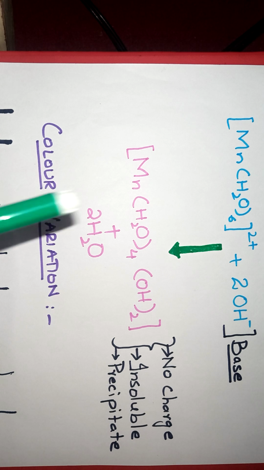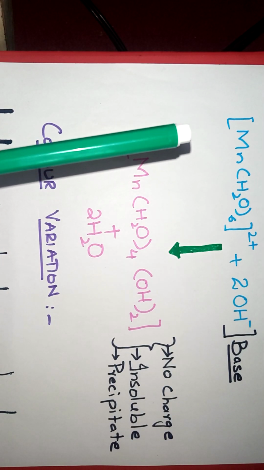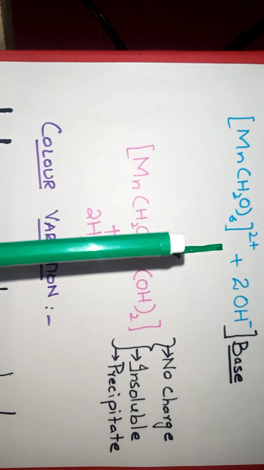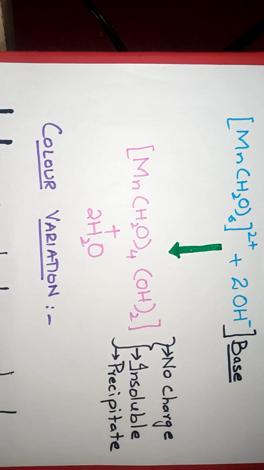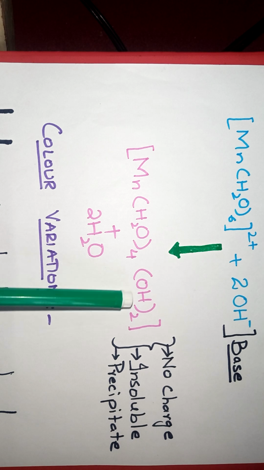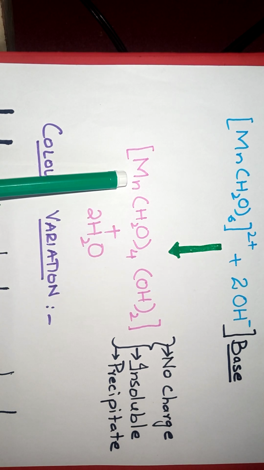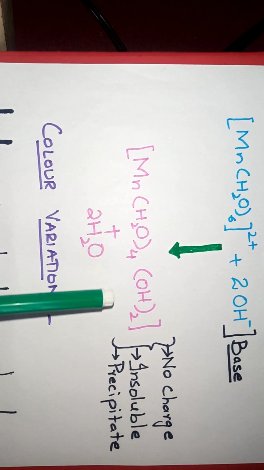Once again, the hexa-aqua manganese 2 ions, by reacting with hydroxide ions, convert into tetra-aqua dihydroxy manganese, and it has no charge.